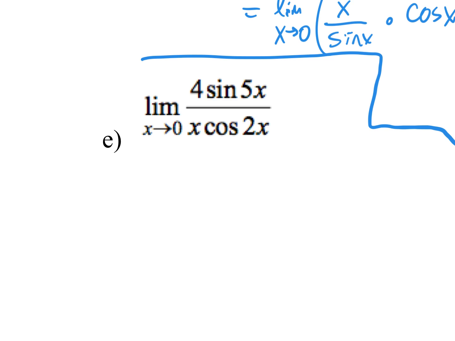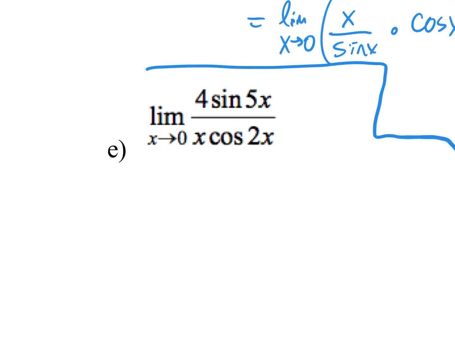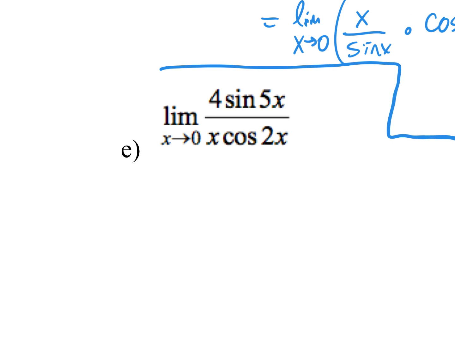All right, a couple more here. Oh, we got sine and cosine. Well, again, we want to rearrange things so that we see one of our special limits there. And so we have sine of 5x. We had a 5x up above there.